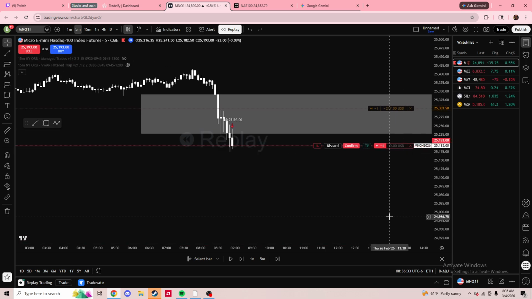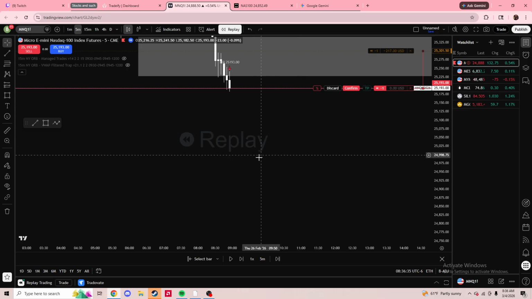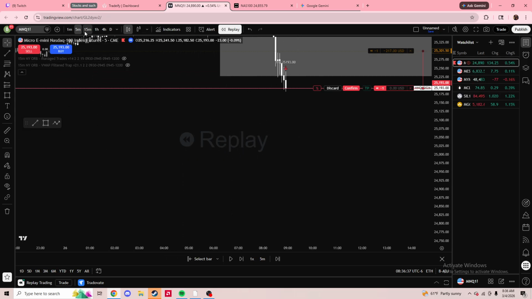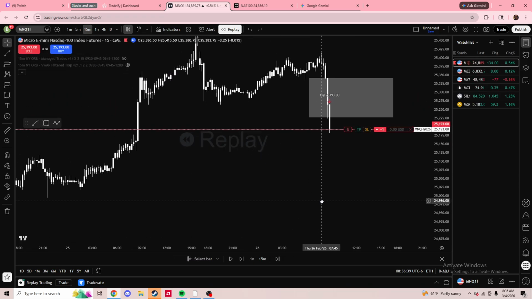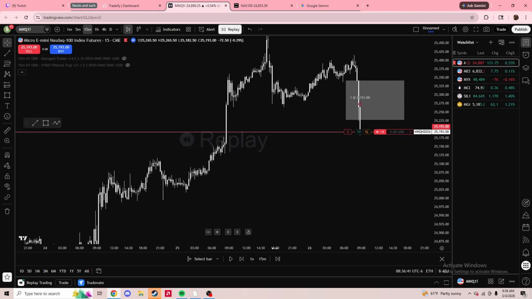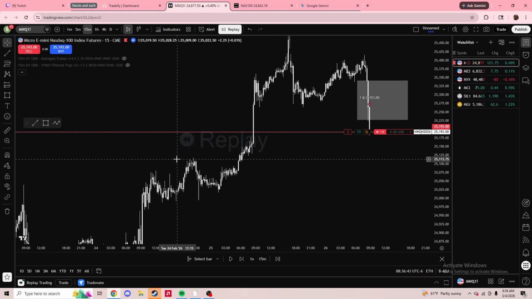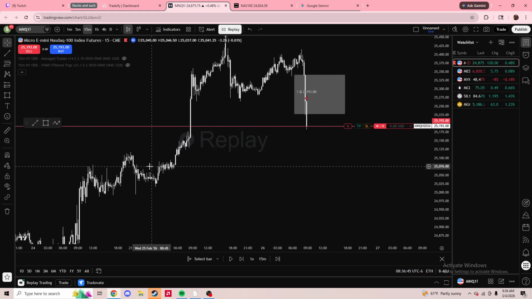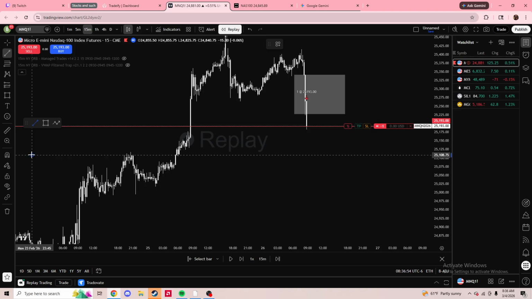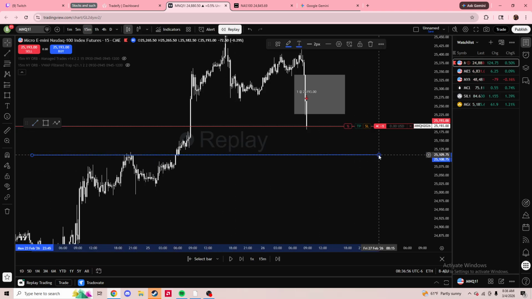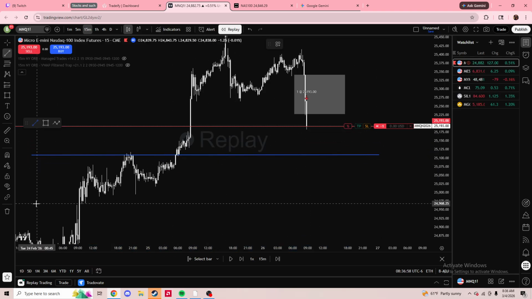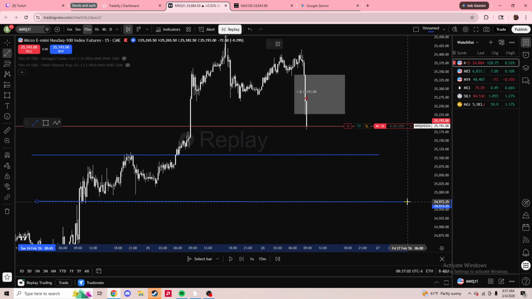Now with the take profit, I like to set it just where another level is, looking at levels here. So with a trade like this, I would have set my take profit to maybe this level right here. I'll zone it out for you guys. Maybe around here or this bottom.